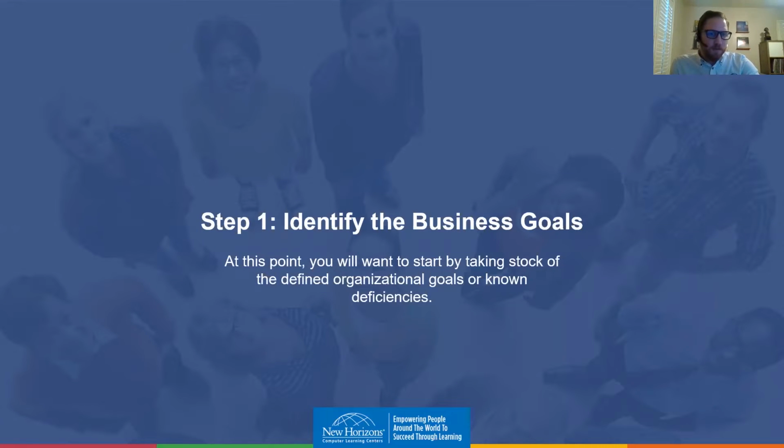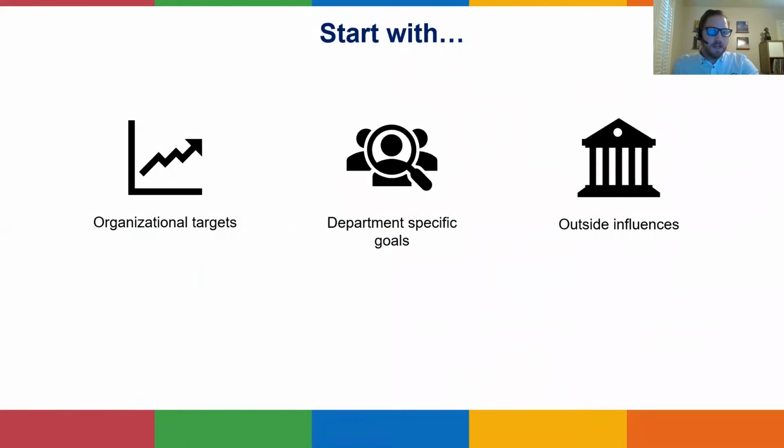Identifying those business goals. So we're starting with the end in mind. You'll want to start by taking stock of the organizational goals and deficiencies that are known throughout the organization. And there's a couple of places that will help you start by categorizing what you're looking for. What are your organizational targets, sales goals, operational output? What are your department specific goals?